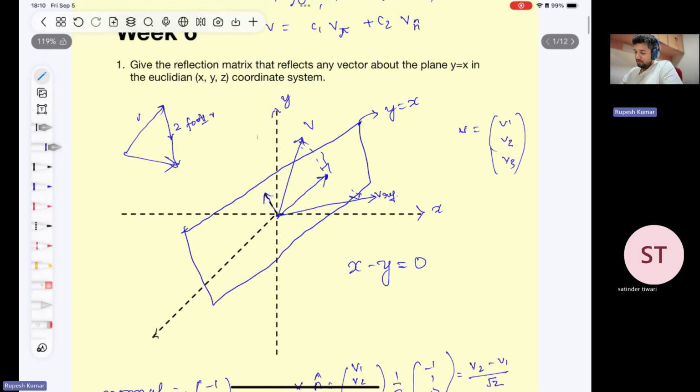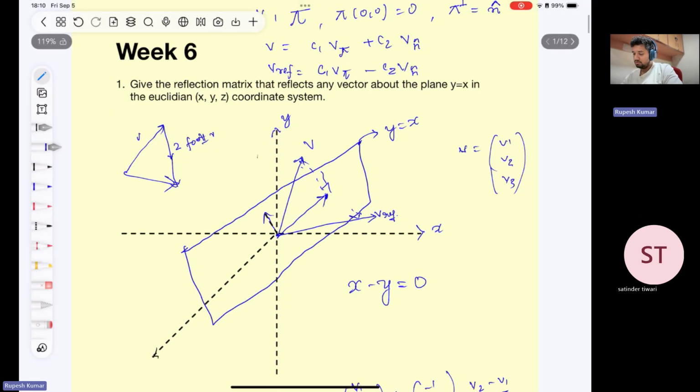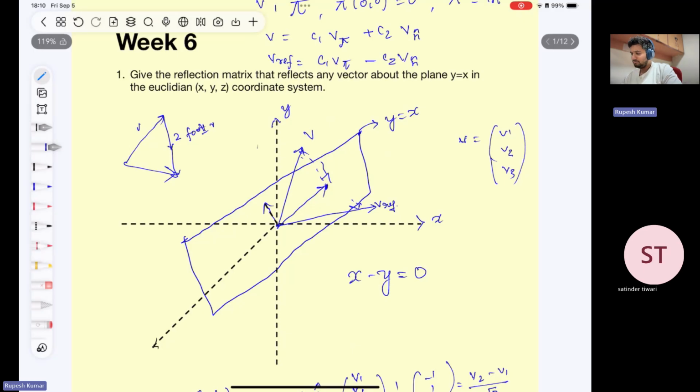So we can write v as two components, and if you look at the geometry, you will see that v reflected would be c1 times v's component on pi minus c2 times v's component on n cap. So this will be the reflected vector, if you look at it geometrically as we discussed in the previous session.